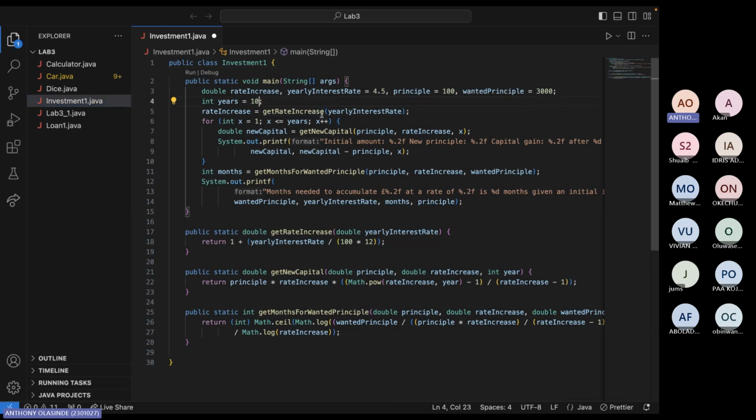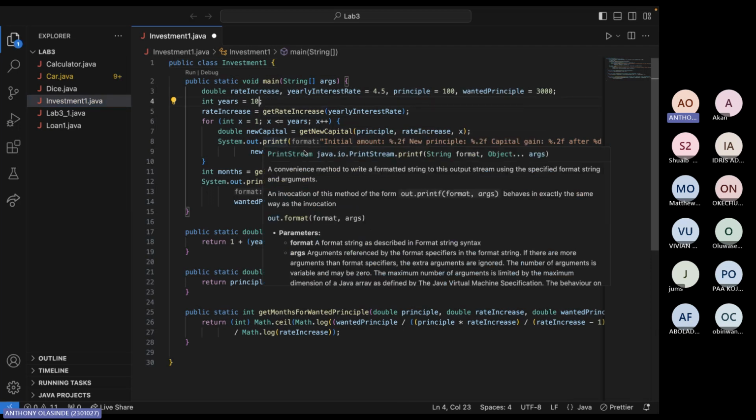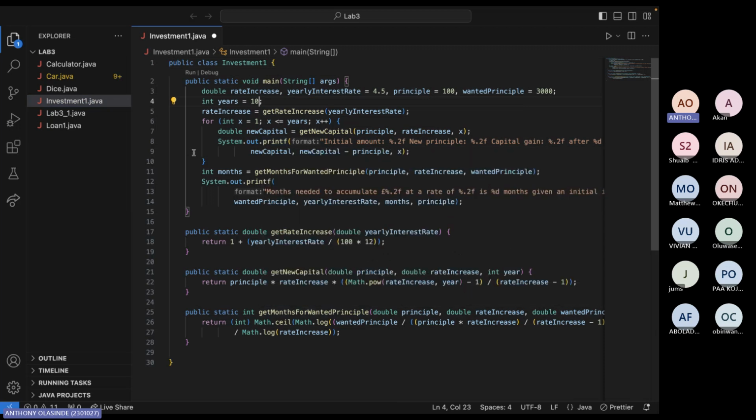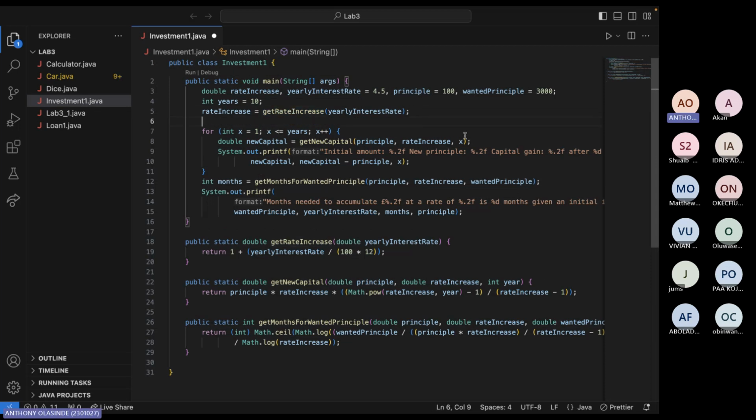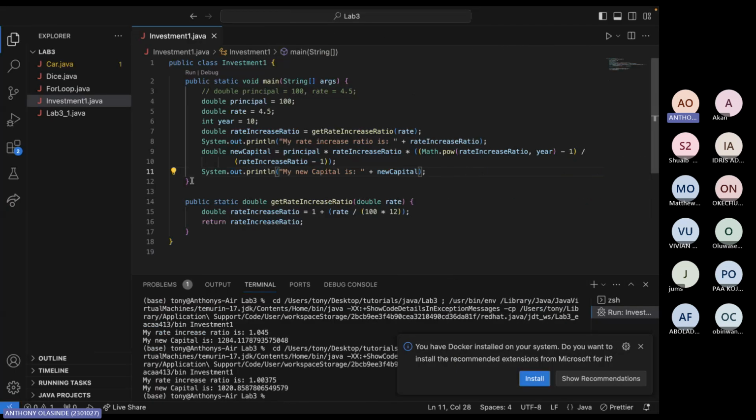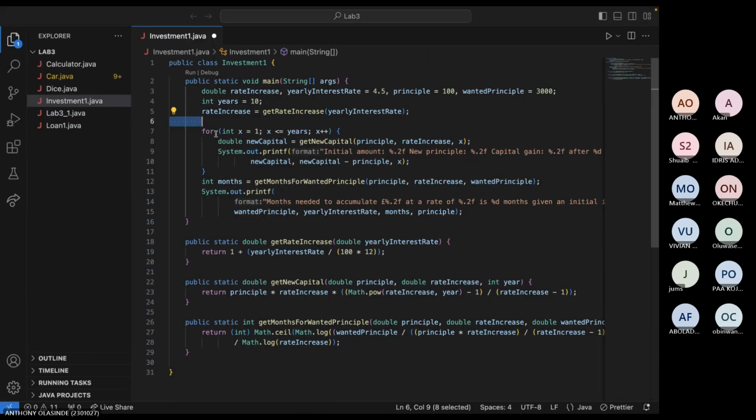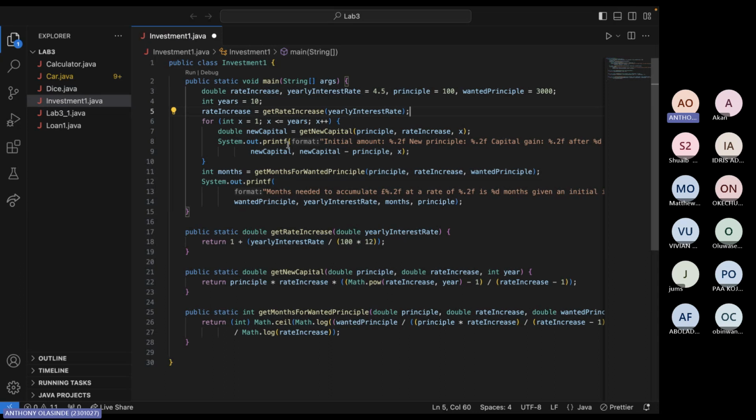I need plus 10 years. Just a minute, I just want to confirm that to be sure. Yes, increase rate. Yeah. Just copy and paste this. Okay, let's just run this and see.